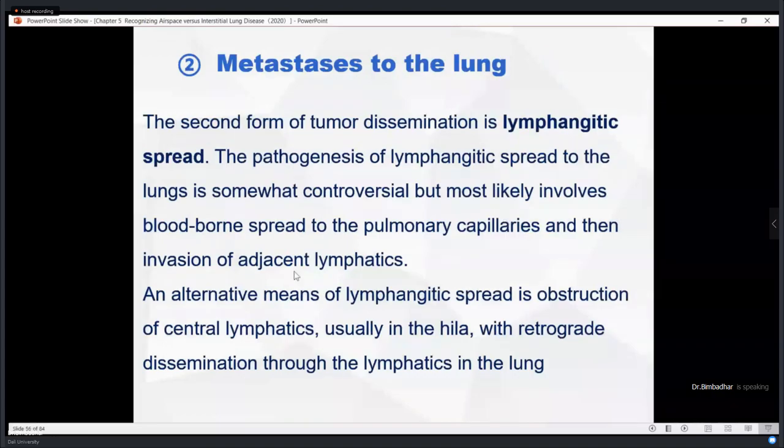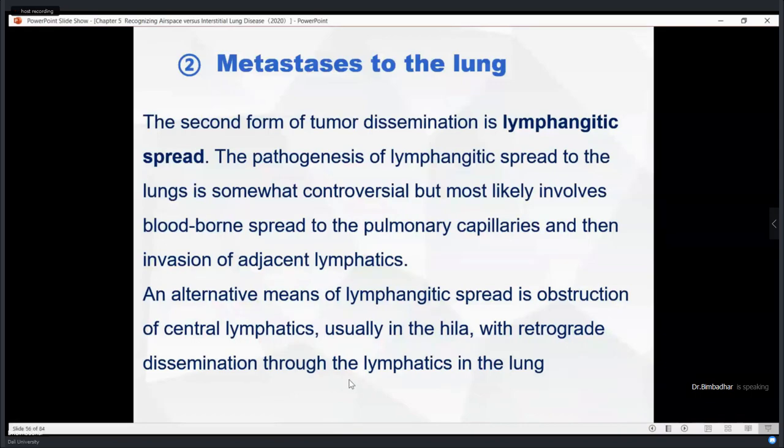The second one is lymphatic spread, and this is entirely different from the blood-borne disease of the pulmonary capillaries. That is what hematogenous spread looks like, but this one happens through invasion of the adjacent lymphatics. Usually they obstruct the lymphatics around the hilar region, and they cause a retrograde dissemination through the lymphatics.